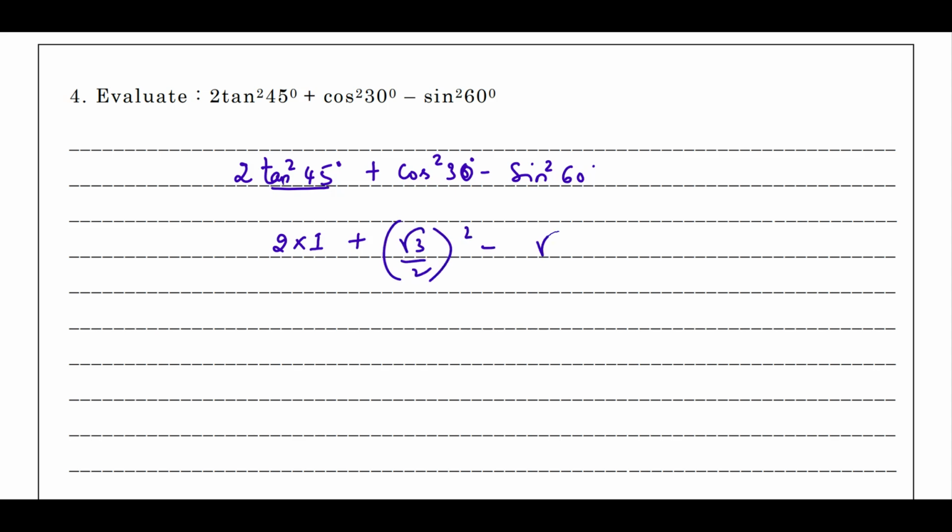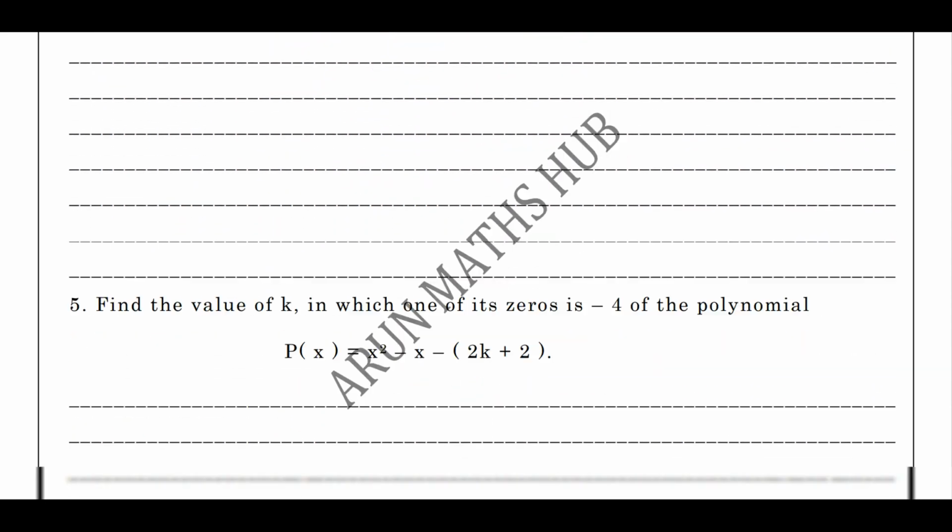Sin 60 value is root 3 by 2 whole square plus root 3 by 2 whole square minus root 3 by 2 whole square. You cancel out. 2 into 1 is 2. Very simple questions, and similar questions will be asked. But you should be thorough with the table from the unit Introduction to Trigonometry.